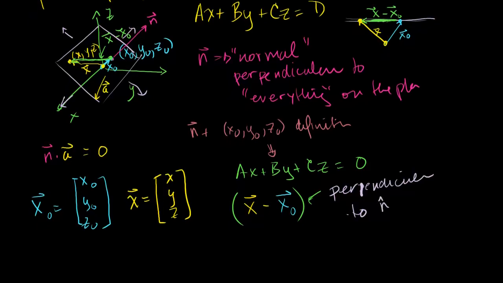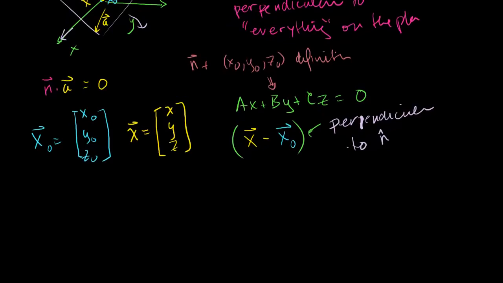Now, let's say my normal vector n. So this vector is perpendicular to this guy right here. It's perpendicular to the vector n1, n2, n3. Now, using this information, how can we get to this type of expression, just this linear equation of x, y, and z?